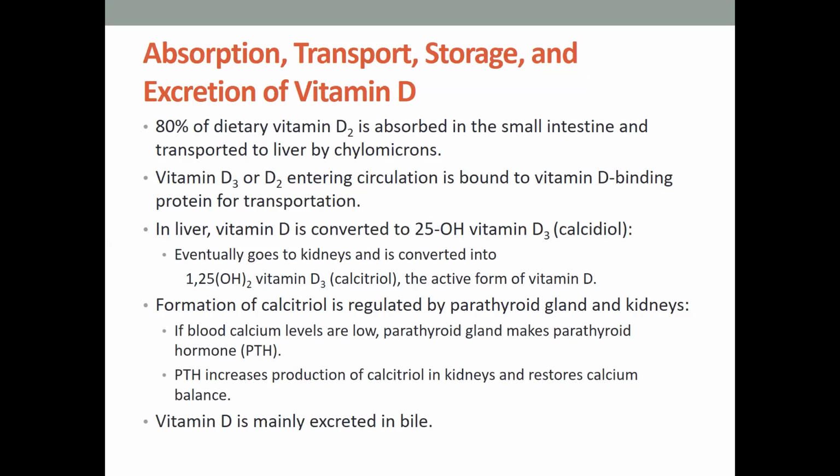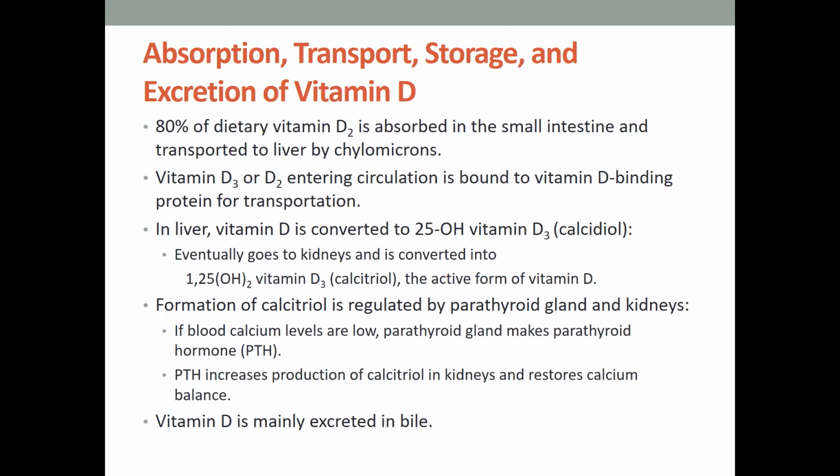It has to be bound to a binding protein for transport. In the liver, it gets converted to something called 25-OH vitamin D or calcidiol. We just talked about that. It also goes eventually to the kidneys and gets made into the active form of D.